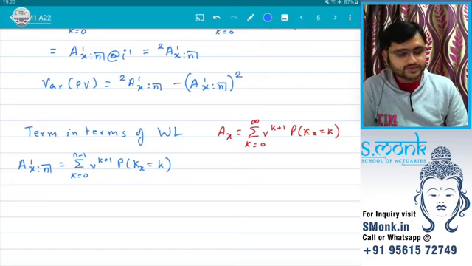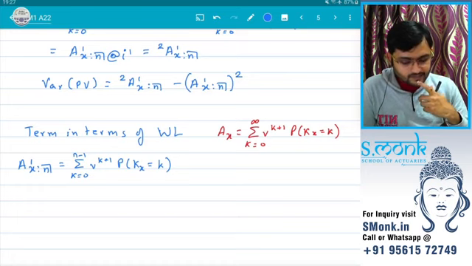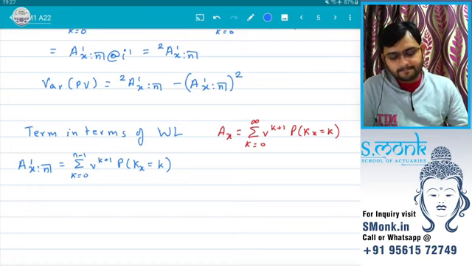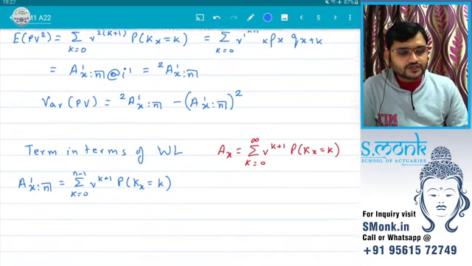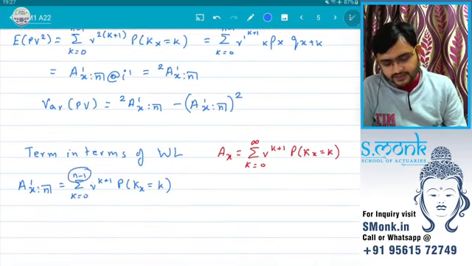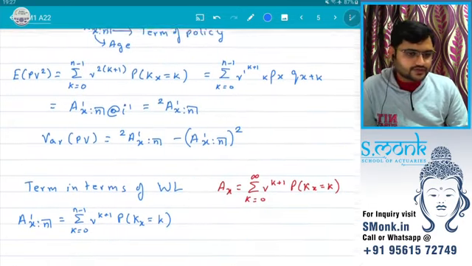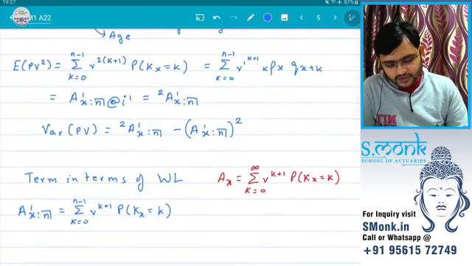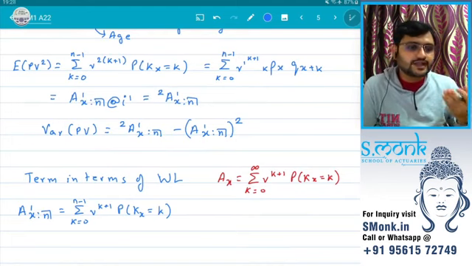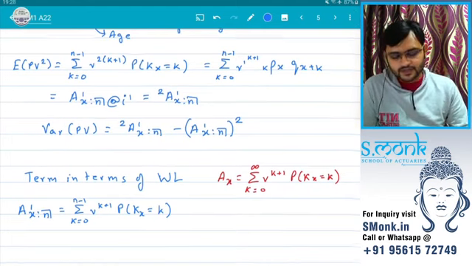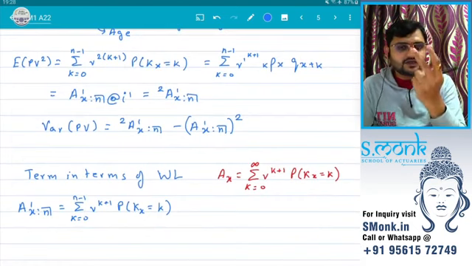Sir, a doubt. Yes. We're going till n minus 1. Even if the policyholder dies between n minus 1 and n, we should pay the benefit, right? Yes, definitely. So k is the number of years a person survives. When k is 0, the person survives 0 years and dies within the next year, that is, dies within the first year. When k is equal to 1, the person survives 1 year and dies within the second year.